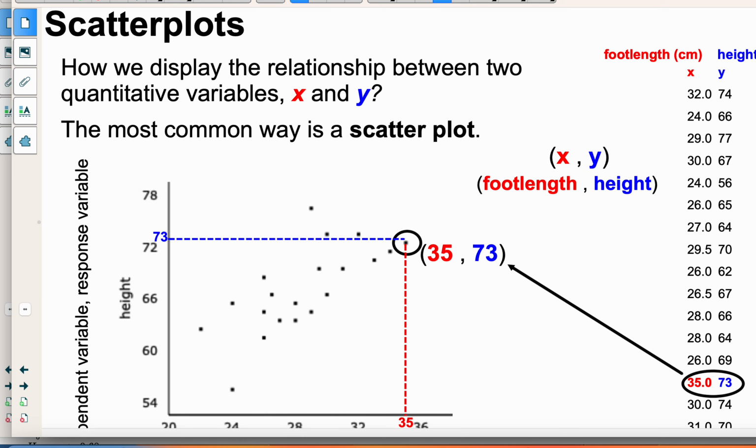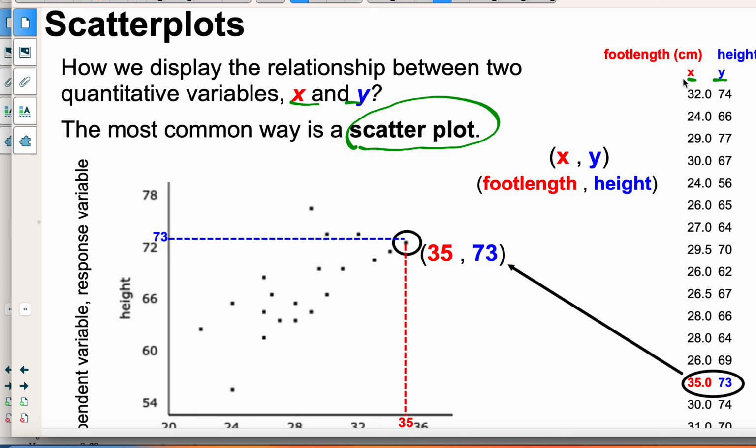Well, how do we display the relationship between two quantitative variables, x and y? The most common way is a scatter plot. So we take our x's and y's. Here's this foot length example that is in Rossmann-Chance. Basically, this is just a set of ordered pairs.